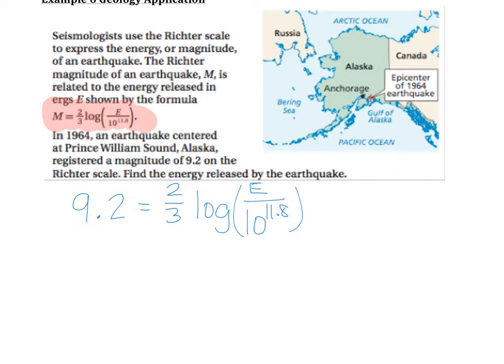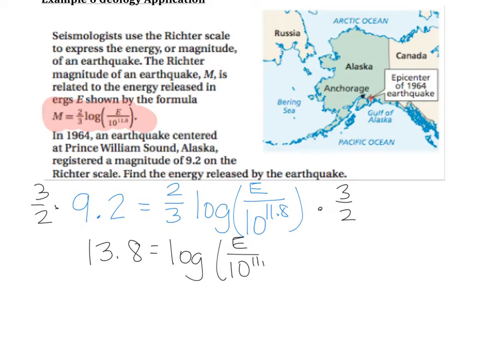The first thing we're going to do is get rid of the 2/3 by multiplying both sides by 3/2. So now we have 13.8 equals log of E over 10 to the 11.8.